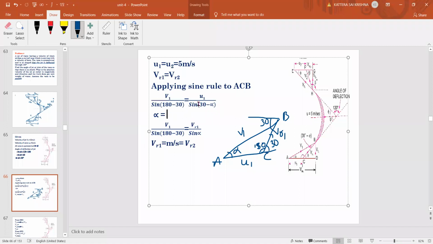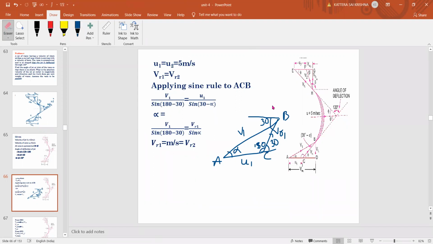If you have any doubt about how you got this 30 minus alpha, I'll tell you. Can I tell again? You want me to tell again how you got this 30 minus alpha? Yes, sir. Okay. So I'm erasing this. Already understood how you got that, but I will explain the angle again. See here, this point, this line.